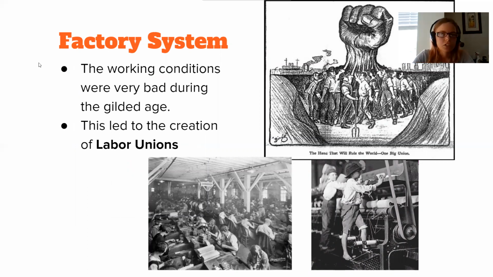The working conditions in factories were terrible during this time. There were no safety standards in place. There were no regulations or rules from the government, because remember, the government is what? Laissez-faire. It's hands off, right? And that meant there's no standardized workday. So workers could be working 10, 12, 16 hours a day.